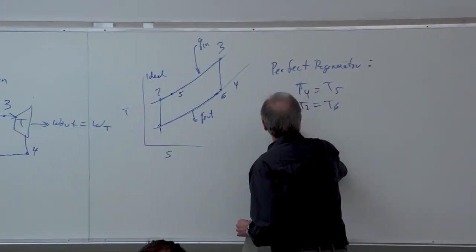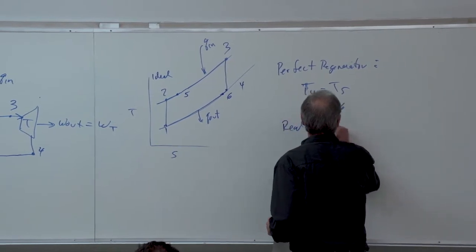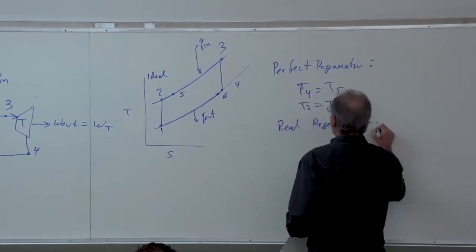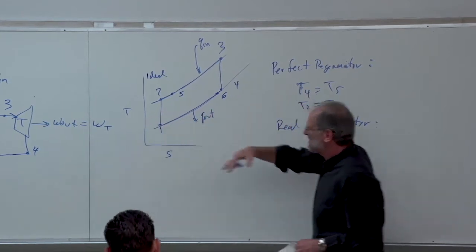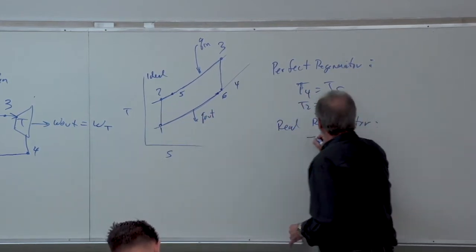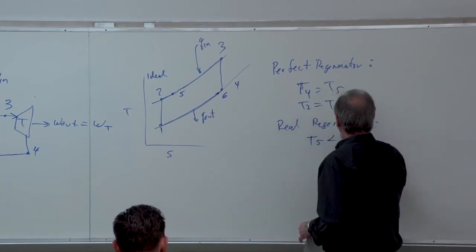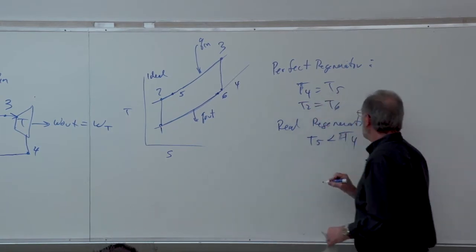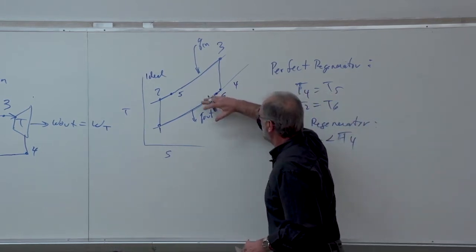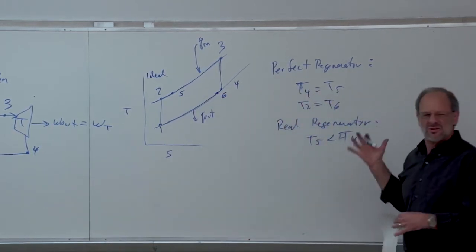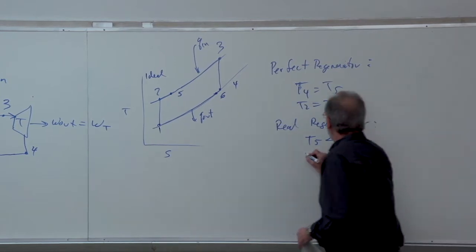However, in a real regenerator, well, we would find that the temperature at point 5 has to be somewhat less than the temperature at 4. And for that matter, the temperature at point 6 can't drop all the way down to the temperature of point 2, so T6 actually has to be a little bit higher than T2.